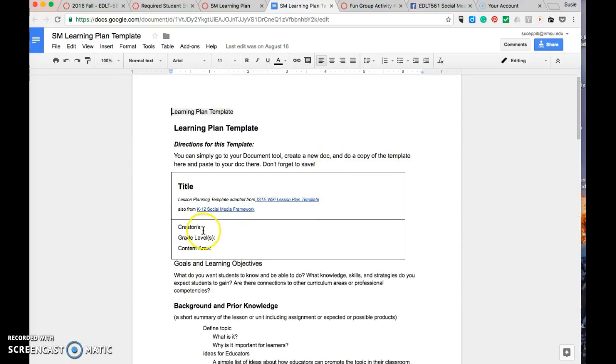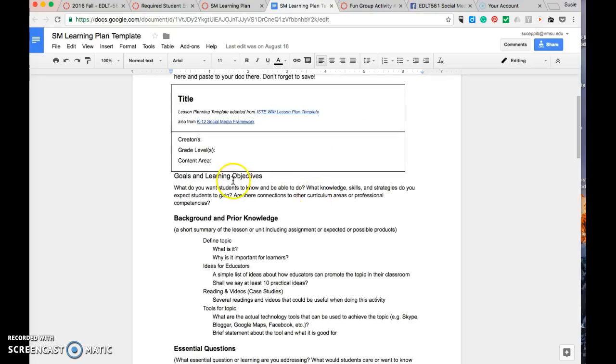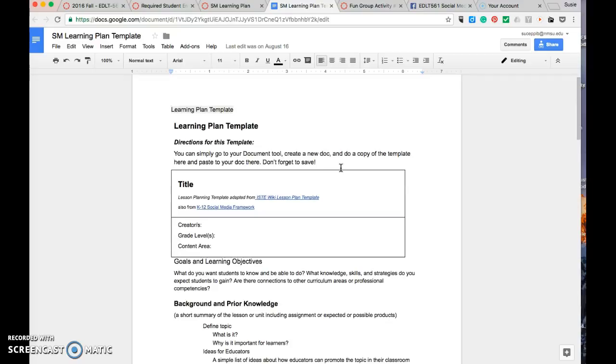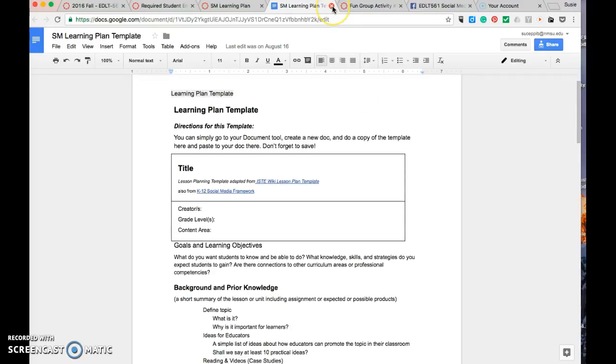And of course you start with some of the basic information, and I'm going to particularly be looking at your goals and learning objectives within the context of using social media, as well as other components of the lesson plan.